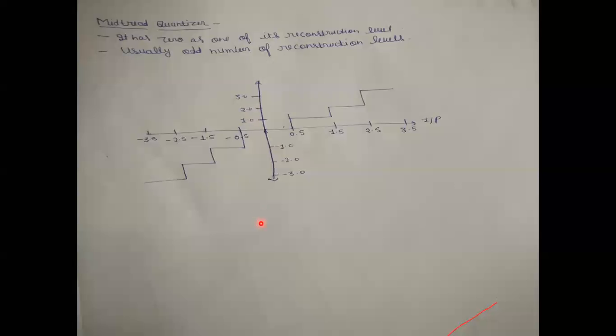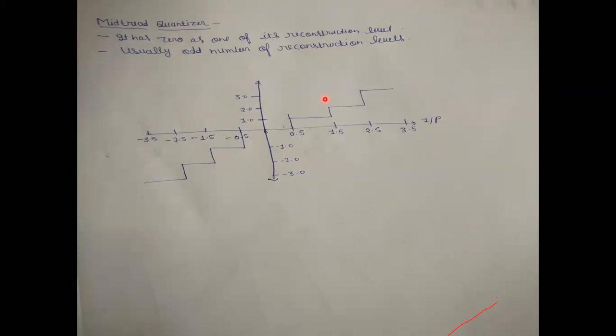In the mid-tread quantizer, you will use 0 as an output value. So in the previous example, if we use 0 as a reconstruction level, the number of reconstruction levels will be odd.